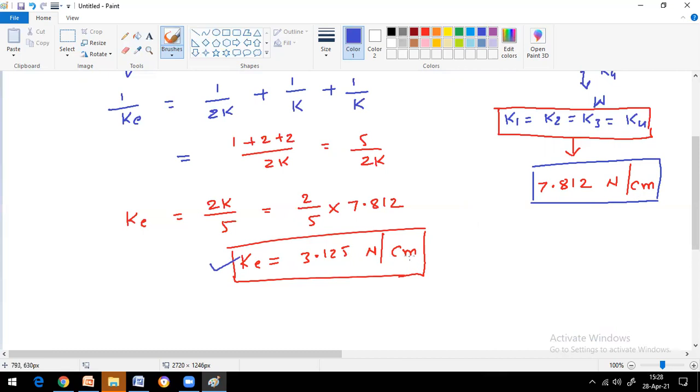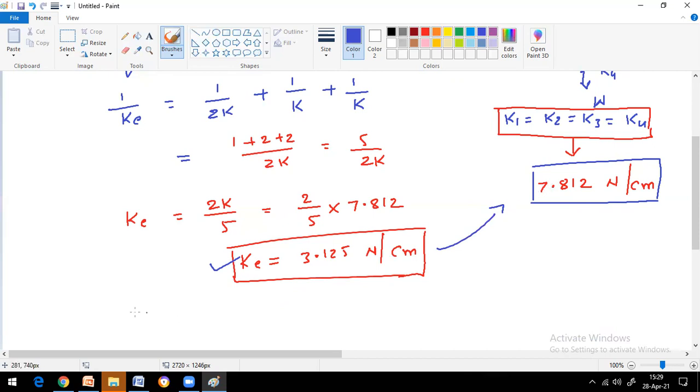So each individual spring stiffness will always be more than the equivalent stiffness, where the load is distributed to all the springs in series and parallel. The equivalent stiffness is reduced to 3.125 from 7.812 Newton per centimeter.